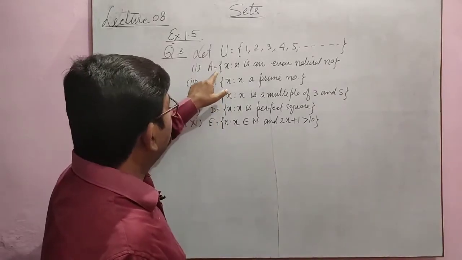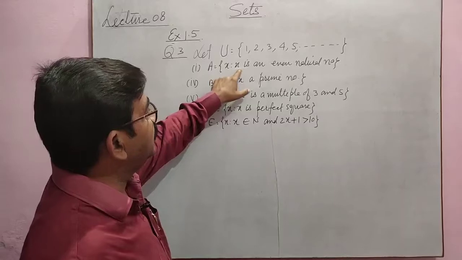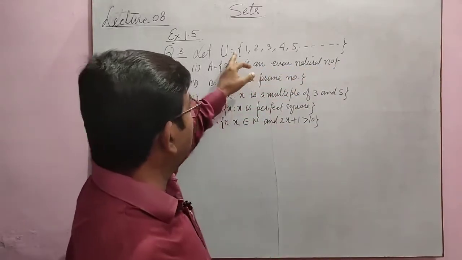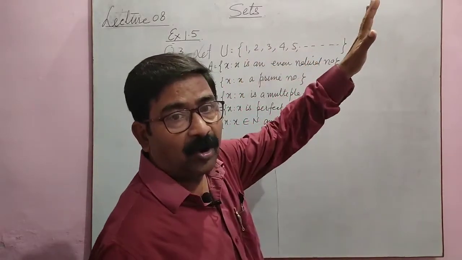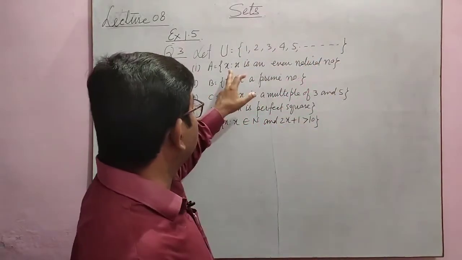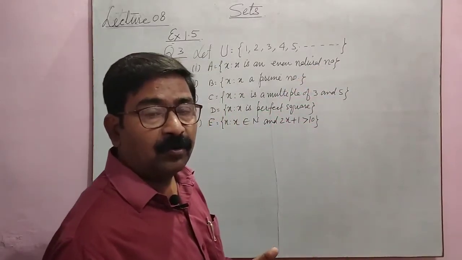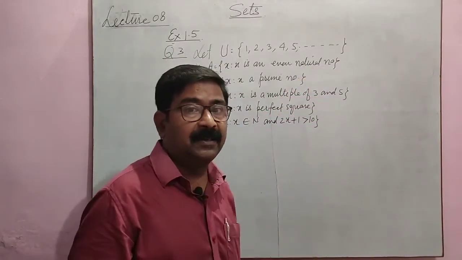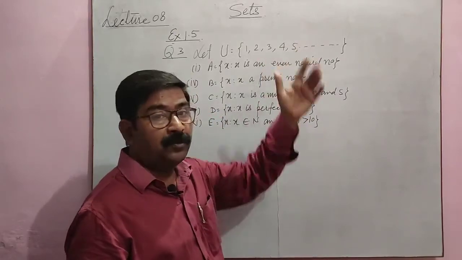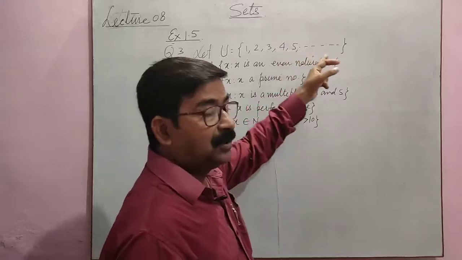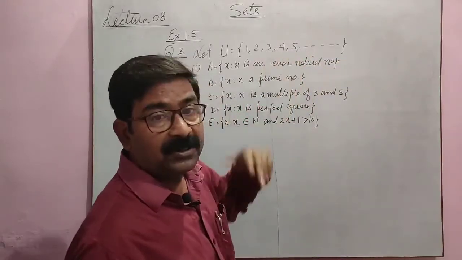First set I have taken: x such that x is an even natural number. You know that in natural numbers we have odd and even, and a set is given of even natural numbers. So when we find the complement of that set, those elements will be removed. So what will be left in that set? Even is removed, then odd is left.